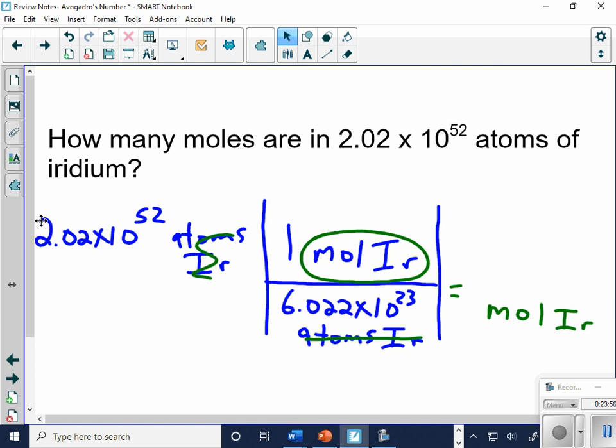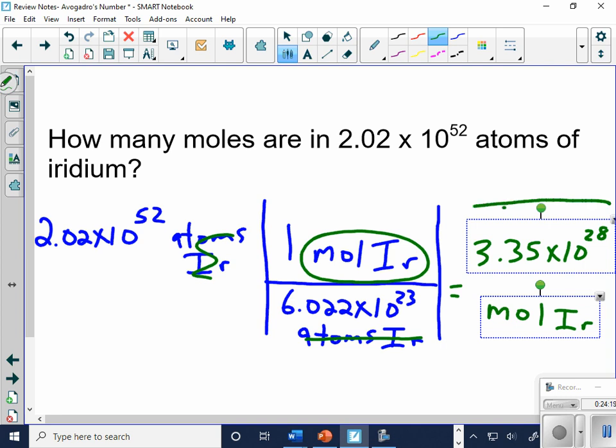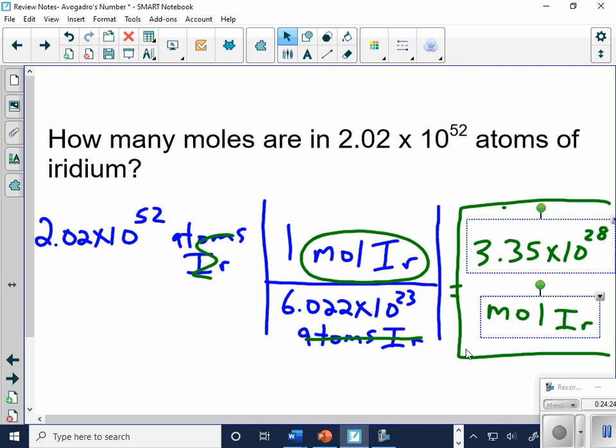And it's going to give me the answer of, with 3 sig figs, 3.35 times 10 to the 28th. So I was close to that 29 that I ballparked. I'm going to square that up here, and that is my answer.